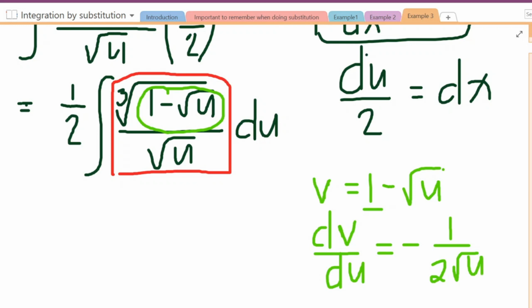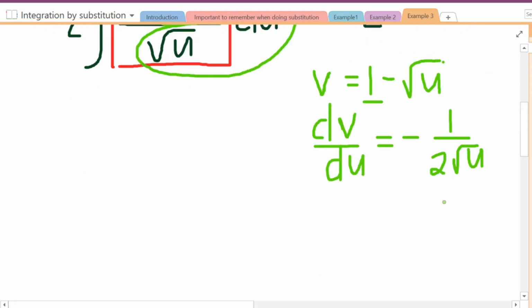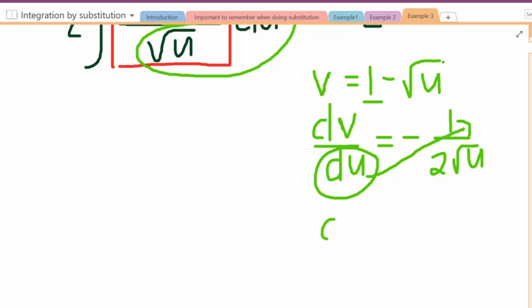Remember that we are trying to look for a substitute for du over square root of u. So from this derivative, we need to isolate, if we can, du over square root of u. Let's do that. If I'm going to put du in the numerator, then we would have dv equal to negative du over 2 square root of u.